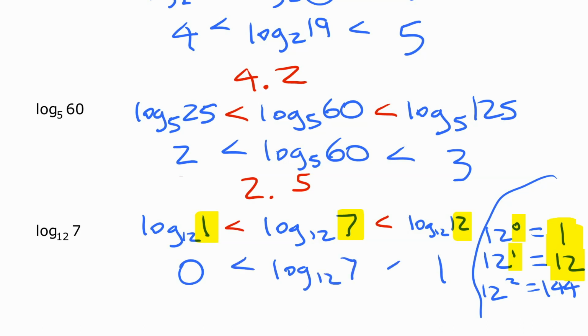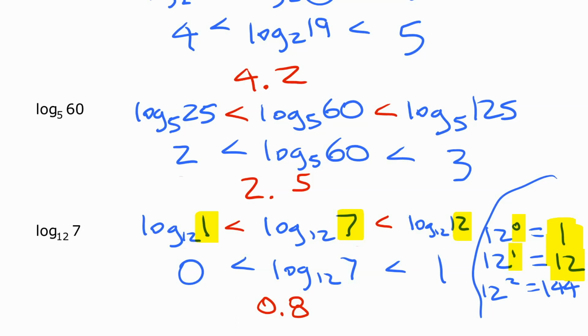And so we know it's got to be 0 point something. Now again, you can kind of look and say, well, 7's maybe halfway in between, and just maybe you're going to guess 0.6, 0.7, something like that. You're going to find when we go to a calculator in a second here, it's actually surprising. It's closest to 0.8. Again, it doesn't matter what we're actually estimating here, as long as we can kind of see this part of it, that what it starts with as an understanding of what these things are.